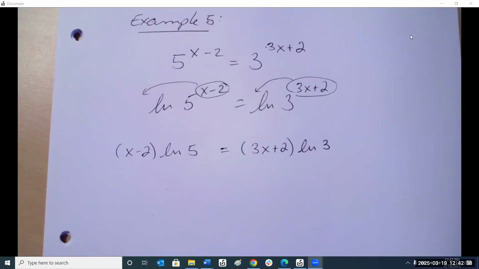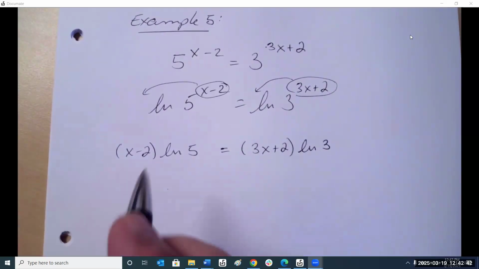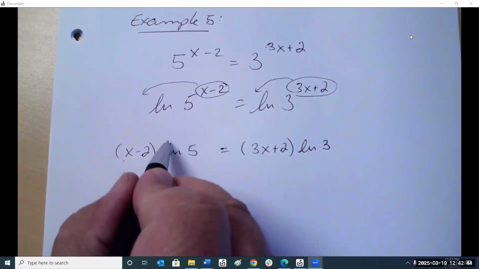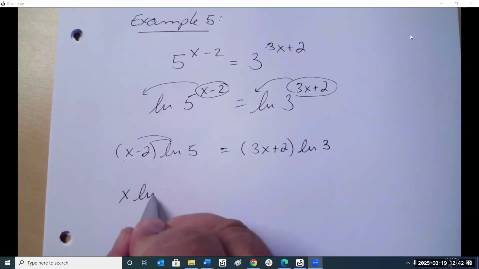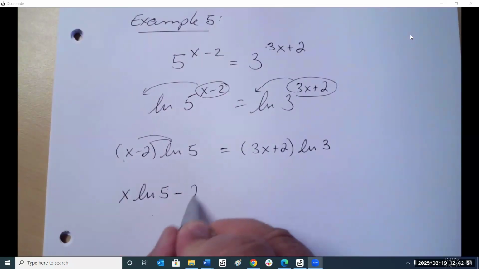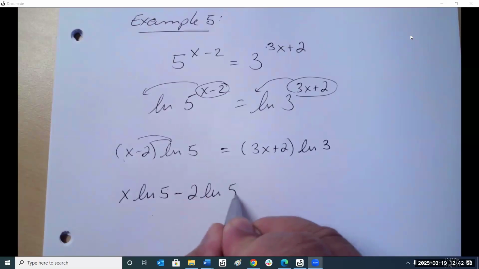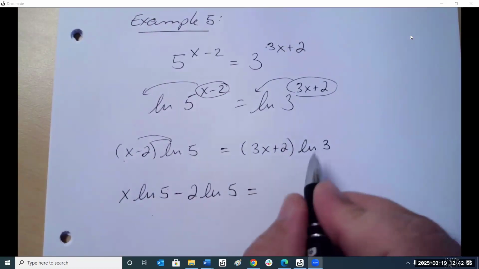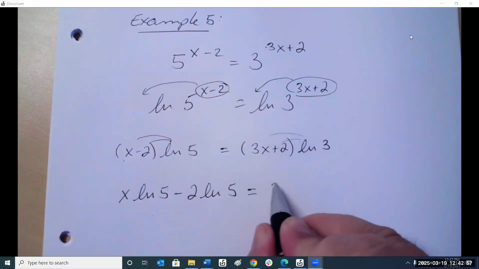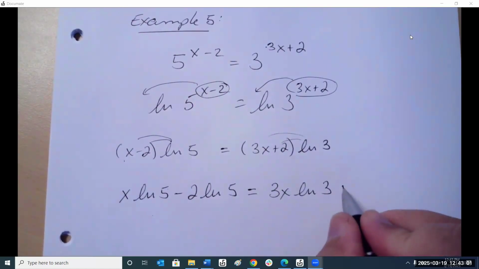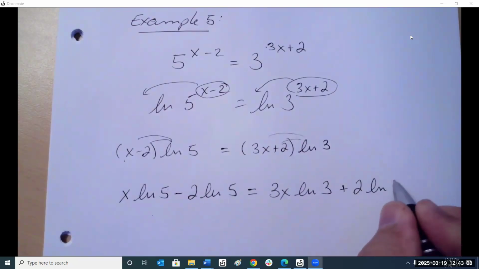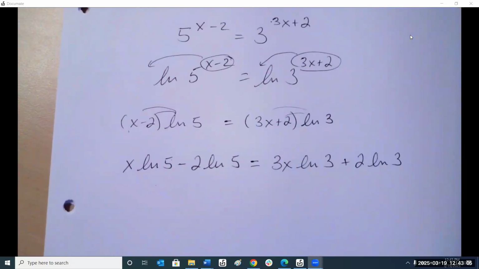What are we solving for? X. Since we have x's inside the parentheses, we have to get rid of the parentheses. So we distribute. So we have x ln 5 minus 2 ln 5, 3x ln 3, 2 ln 3.